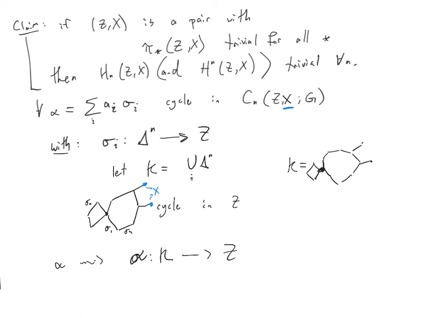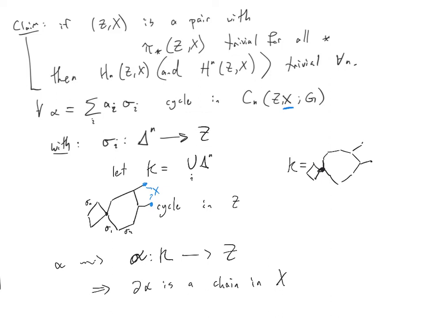So the boundary of alpha is a chain in X, because we're in a relative group. What I want to do is peel off the components of K that land in X and map them in relatively.